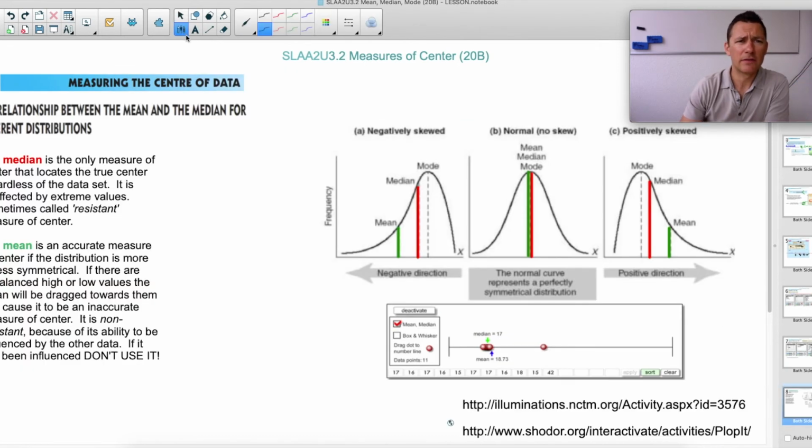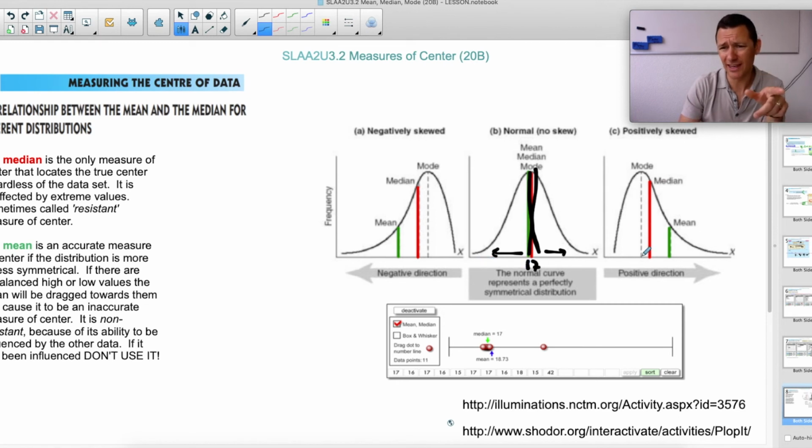You can see how the shape changes based on these measures of center. Usually the mean, median, and mode are all in the center if you have an even distribution, like ages in the classroom. Nobody's in the classroom right now, but most of you would be about, I don't know, 17, something like that. And there would be some that are a little younger and some that are a little older before I walk in.